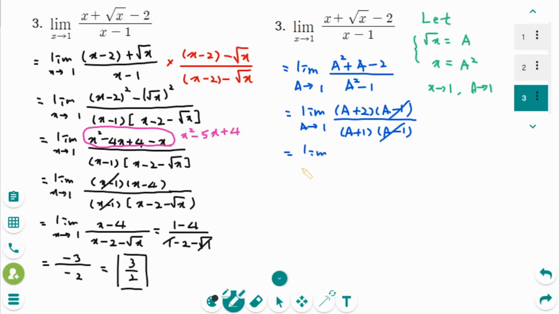So the limit as a approaches 1 of (a plus 2) over (a plus 1), then put 1 into a, so 1 plus 2 over 1 plus 1, which is 3 over 2.